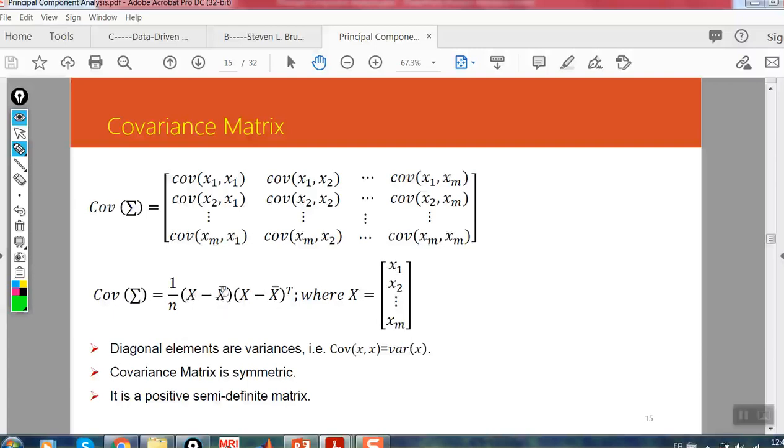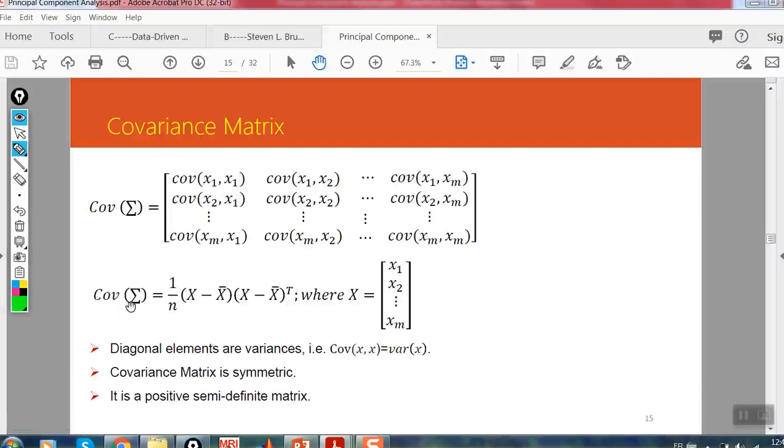We call it x bar, and then I calculate the distance of x from its mean, and then we transpose this matrix, multiply the first parenthesis by the transpose of the first parenthesis, and divide by n.